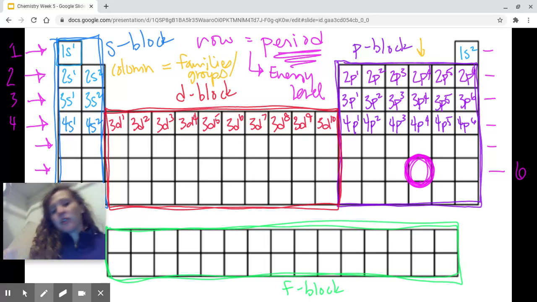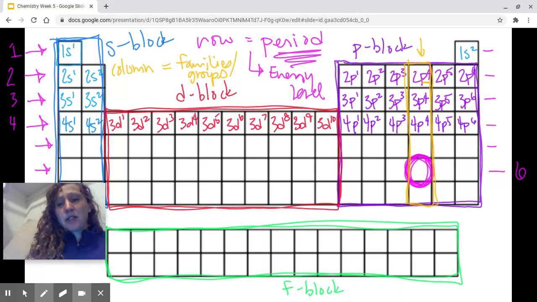You'll hear both terms used. So notice each family or each group has a very consistent last electron. That very last electron that goes into each family always goes into the same shape, and there's the same number of electrons in that shape.